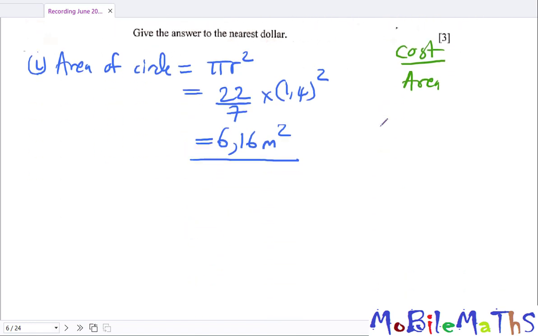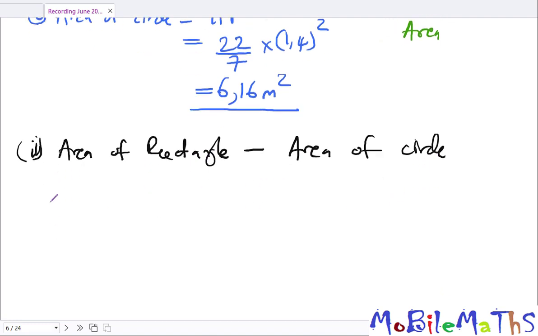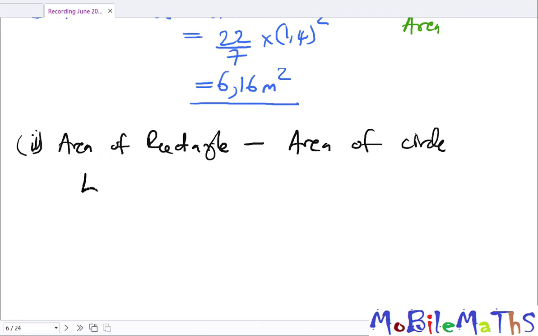So calculating, I'm going to say area of rectangle minus area of circle. Our rectangle is the garden, our circle is our reservoir. Area of a rectangle is length times width, minus the one for the circle. We already have the value, so there is no need to calculate it.